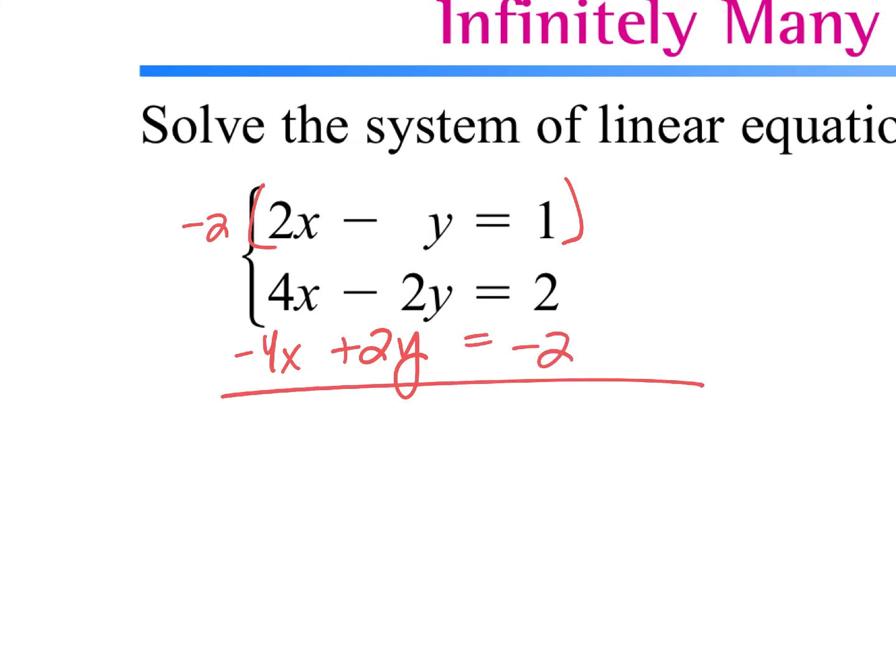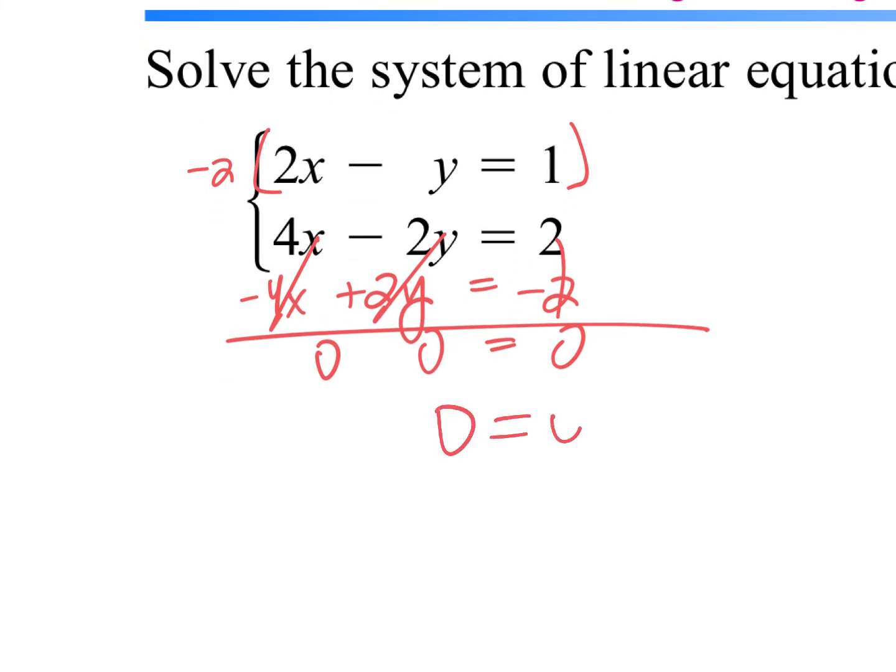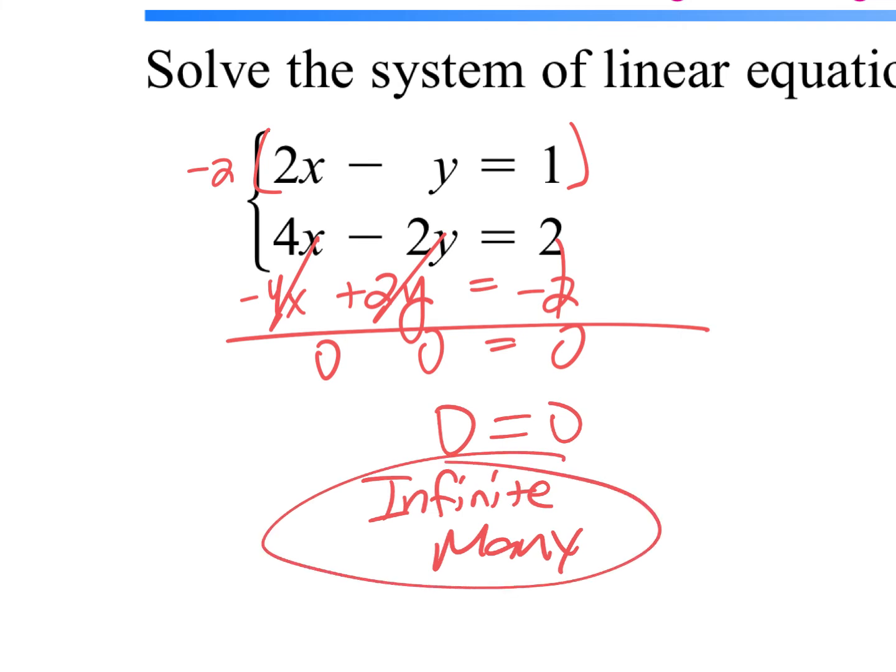So my x and 4x cancel out, 2y and -2y cancel out, -2 and +2 cancel out. When you have 0 equals 0, that means infinitely many solutions. That is the exact same line. It's on top of each other. So if you were to graph these two, one line would lay on top of the other line.